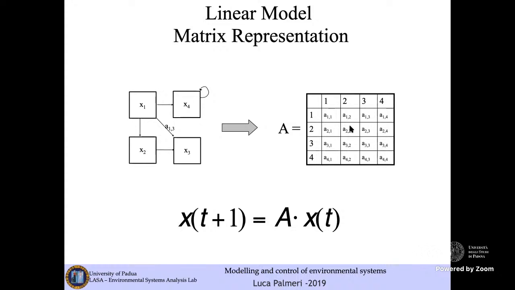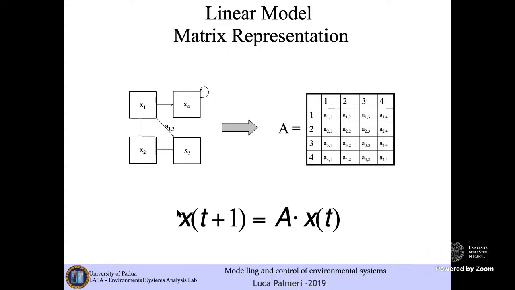This way of representing mathematical models, so in particular linear models, is very powerful from a mathematical point of view because it allows you to describe the evolution of a system, even a complex system, in very efficient mathematical ways.